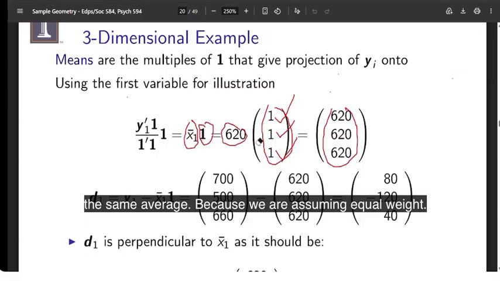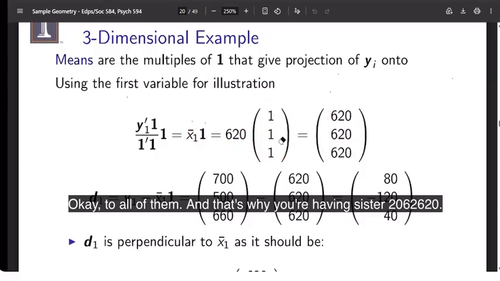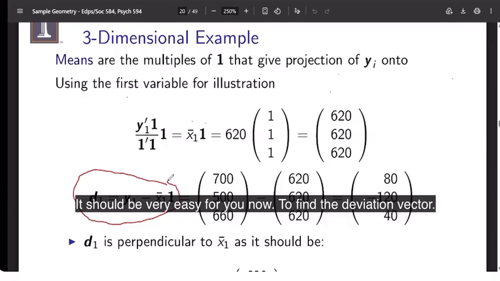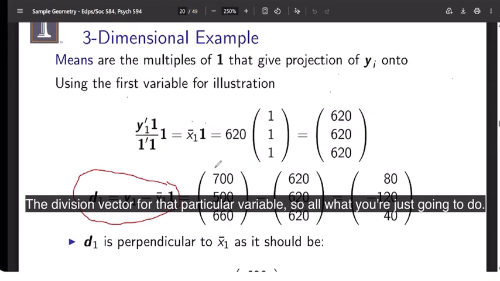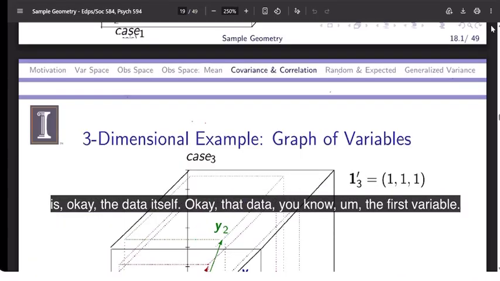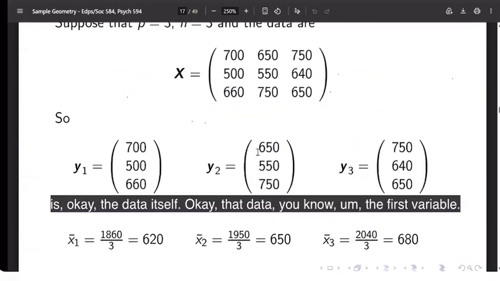When you have the 620, 620, 620 now, it will be very easy for you to find the deviation vector for that particular variable. All you're just going to do is, the data in the first variable, I'm actually going to go back so that you can see. Okay, so I'm talking about this guy.